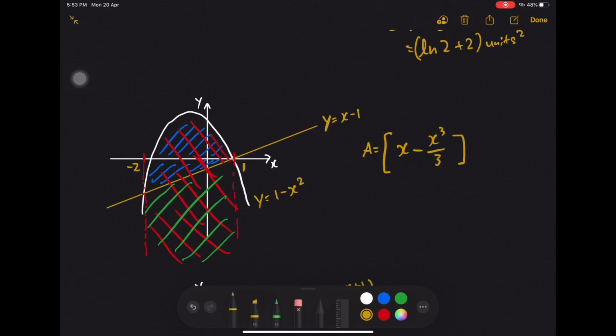Okay, and then you just have to put in 1 and -2 there. And we're going to deduct away, same thing, 1 and -2, but this time round it's a line. So it will be x squared over 2 minus x. Okay, and there you go, you get the answer once you substitute inside the values, and you get the area of this blue region.